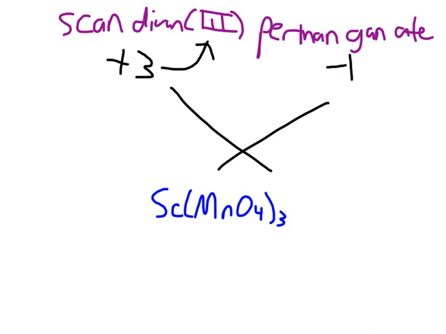Let's do another example. In this case, let's say we're going to do yttrium of the plus 3 variety, and I'm going to say thiosulfate. Alright. Reverse as usual.